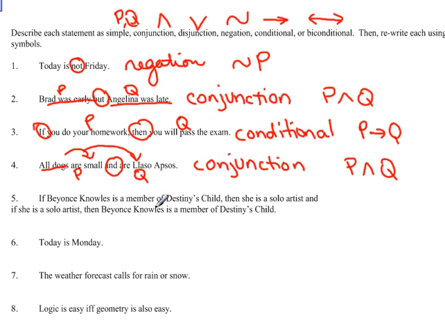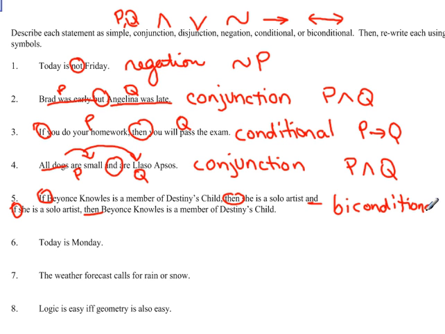With number 5, if Beyonce Knowles is a member of Destiny's Child, then she is a solo artist, and if she is a solo artist, then Beyonce Knowles is a member of Destiny's Child, you see that you have two conditions, if-then, if-then, making this a biconditional.